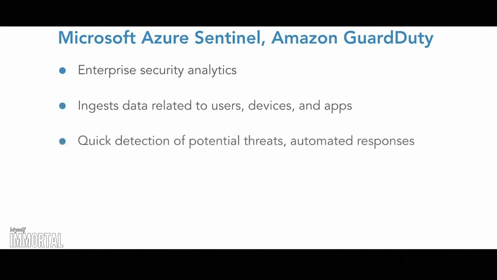The idea is that these cloud services can detect potential security threats and even be configured with automated responses. And again, because the cloud scales well, it's very easy to make this happen at a cheap cost, as opposed to having to make an upfront capital expenditure or investment in clusters of equipment that would support this type of data ingestion and analysis.